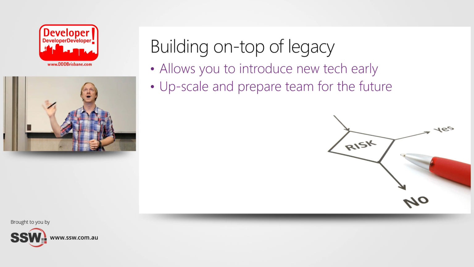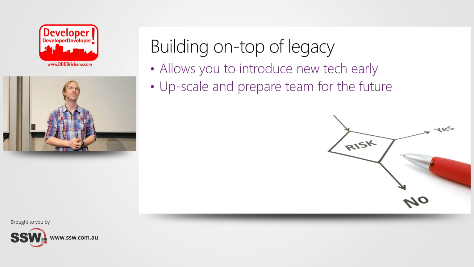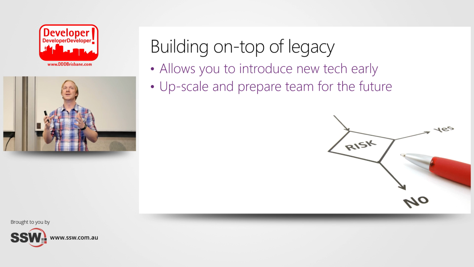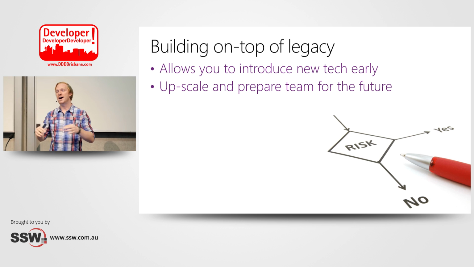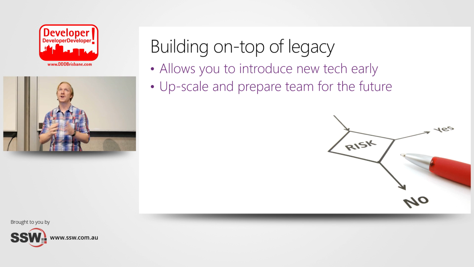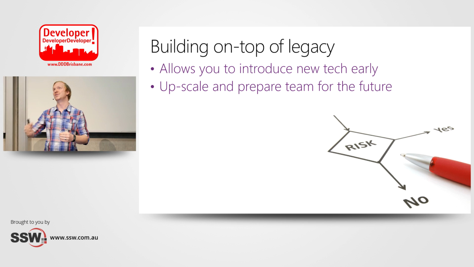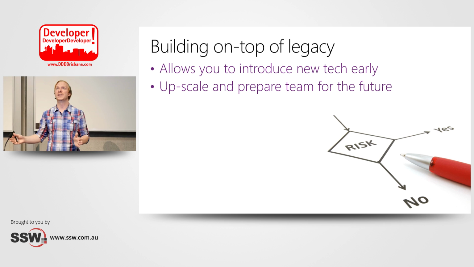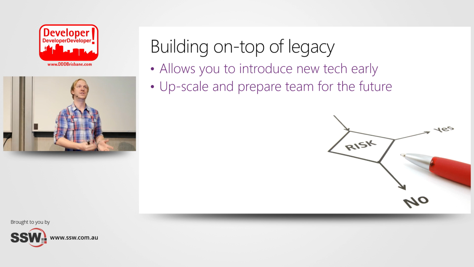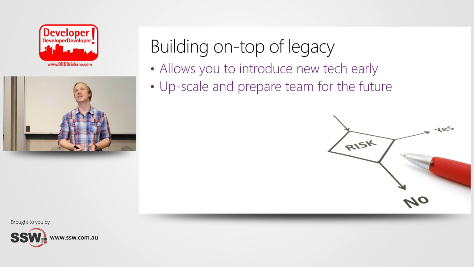And that helps us upscaling our team members. It gives them a little bit of an idea of what's coming in the future. Sure enough, things are going to change along the way since it's in beta, and then there are new beta versions, and then RC, and then RTM. Things are going to change along the way. But you can help educate your team and keep them motivated.